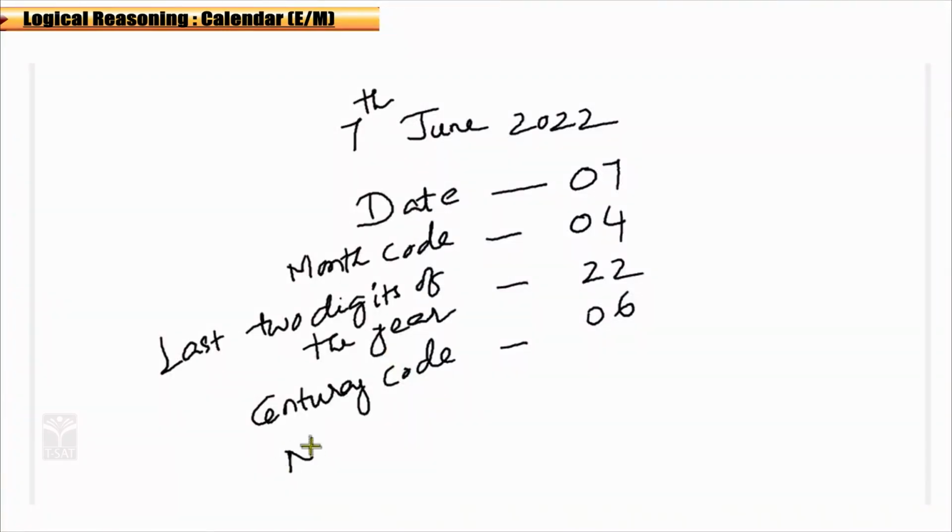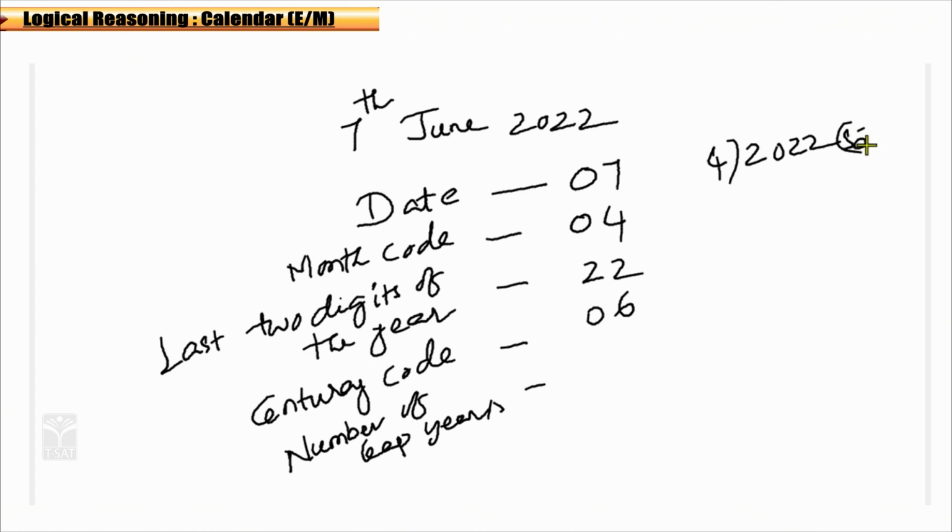So if you calculate the number of leap years, 2022 divided by 4: 4 5s are 20, 2 is the remainder, correct.